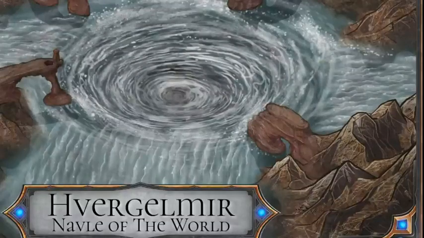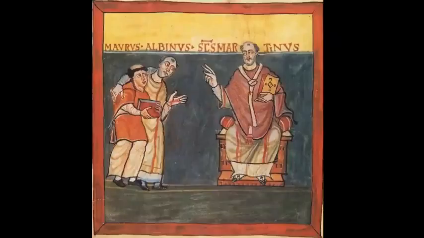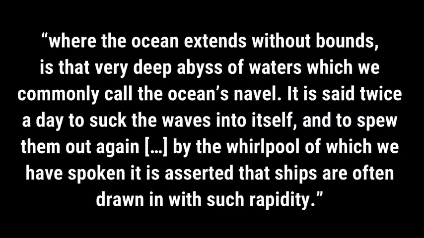Could there really be a whirlpool opening in the center of Earth, caused by the magnetic tree of life, in which the oceans flow down into? Paul the Deacon, an 8th century Benedictine monk, wrote that where the ocean extends without bounds is that very deep abyss of waters which we commonly call the ocean's navel.